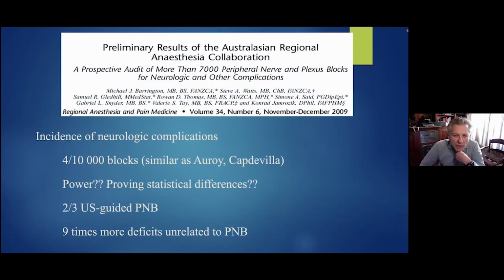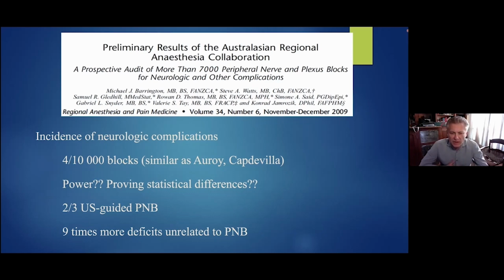In the preliminary results of that study, he performed peripheral nerve blocks in 7,000 patients and looked at the complications, and he said it was similar to those of Aurora and Capdevila, 4 in 10,000 blocks.